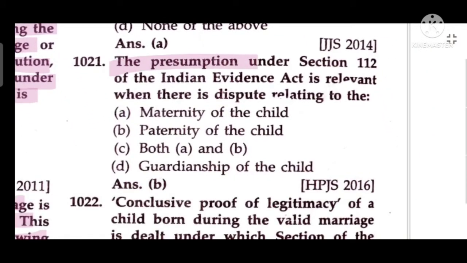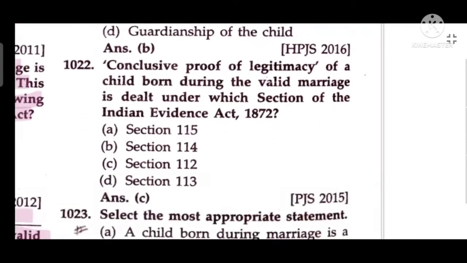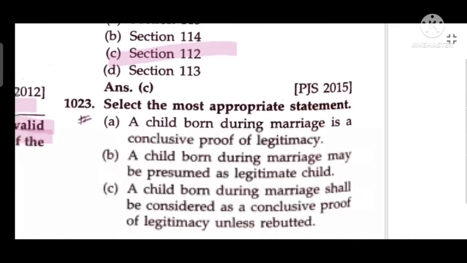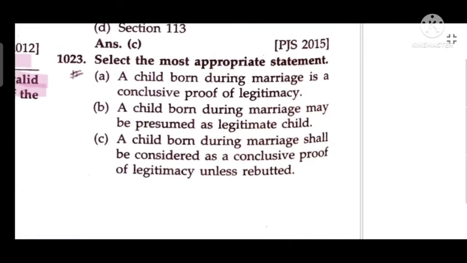The presumption under Section 112 of the Indian Evidence Act is relevant when there is a dispute relating to the paternity of the child. Conclusive proof of legitimacy of a child born during a valid marriage is dealt with under which section of the Indian Evidence Act of 1872? Section 112. Select the most appropriate statement.